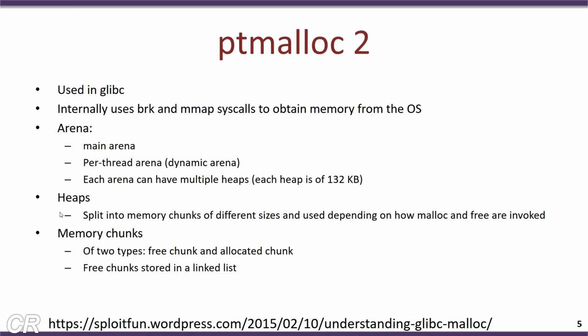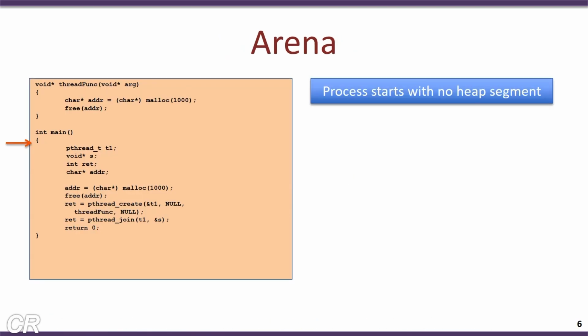Now let us first look at an example of how an arena is used. Let's look at this particular program. As you see, this is a simple program which uses threads. We have a statement over here where you allocate 1000 bytes and then return an address. Then you free that address.